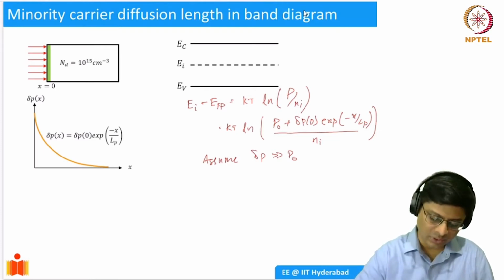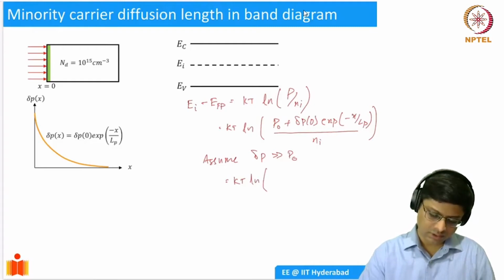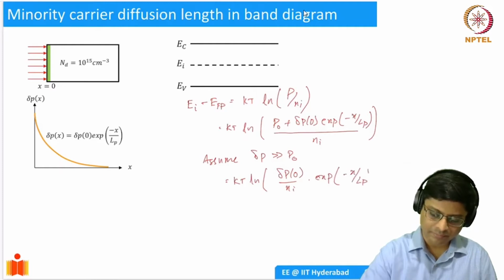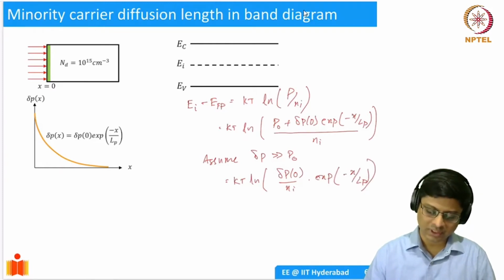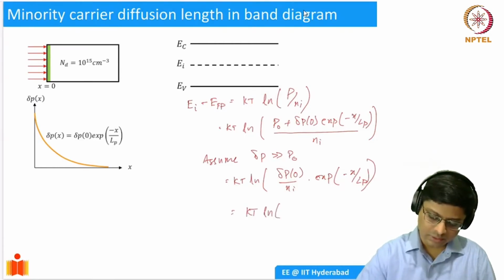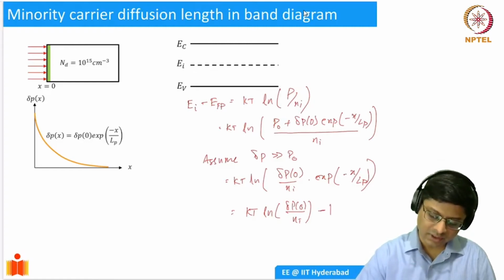If that happens, the above expression becomes KT ln of delta P at 0 by Ni, into exponential minus x by LP. Log A into B is log A plus log B. So that's going to be KT ln of delta P of 0 divided by Ni, plus KT times ln of the exponential, which is minus KT x by LP.